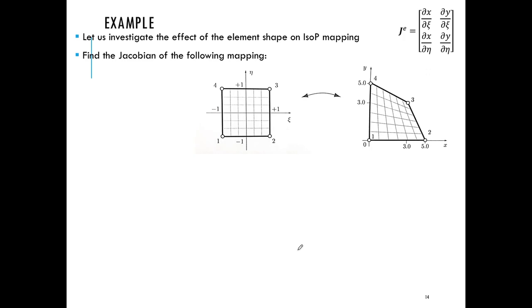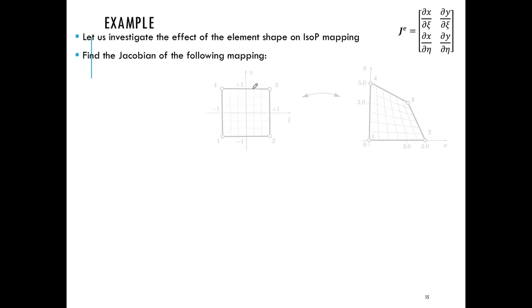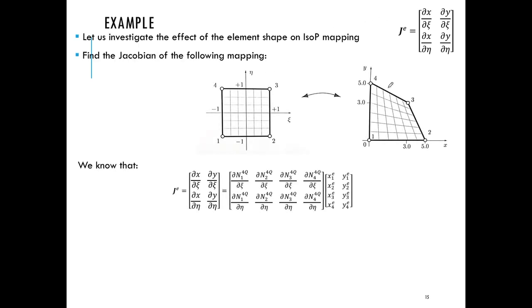So what we're doing is that we have an arbitrary quadrilateral and we are using our isoparametric mapping to figure this out. So what we want to do is find the Jacobian of this mapping. Now if you recall, this is our expression for the Jacobian, but when we expand this out, we see that we need our derivatives. Okay, I think I wanted to solve it, but I'm just going to go through it in the slides.